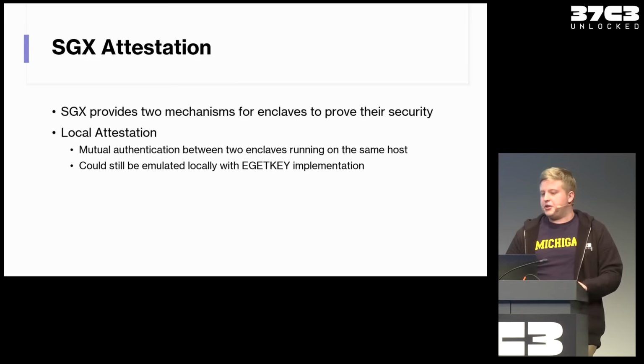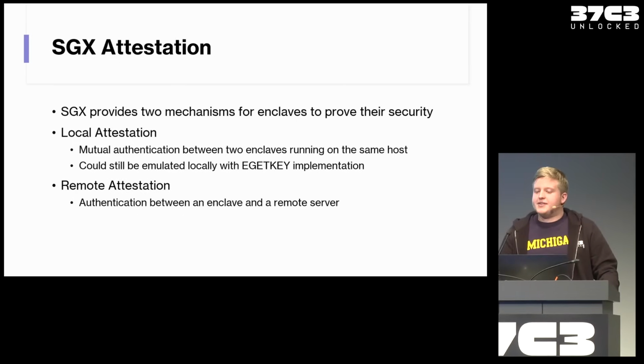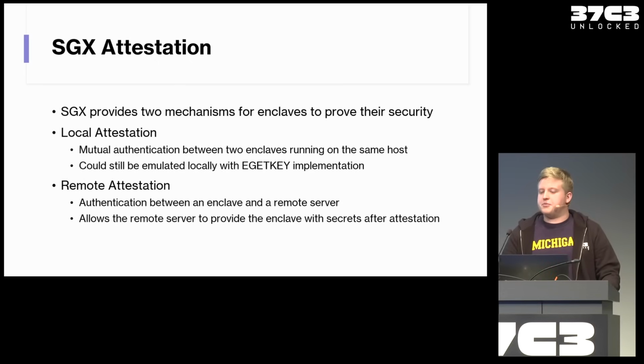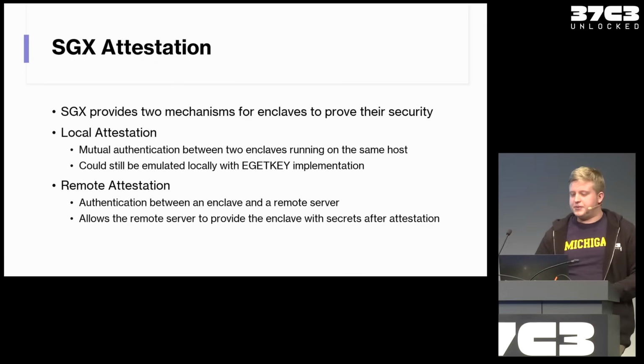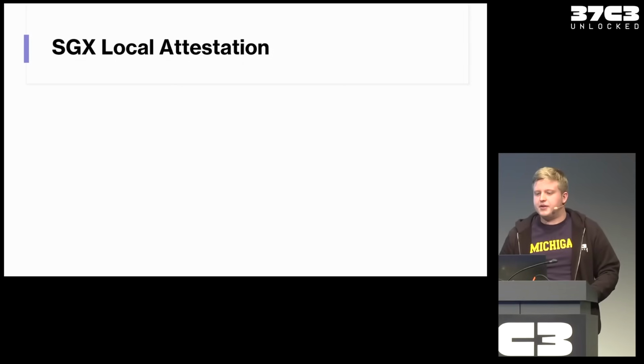And this could theoretically still be emulated locally if you implement the EGETKEY derivation yourself and just return junk but deterministic keys. But remote attestation is a little bit more interesting, since this authentication is between an enclave and a remote server, and it allows the remote server to provide the enclave with secrets. And this actually cannot be emulated by design. And this should solve the secure provisioning problem.